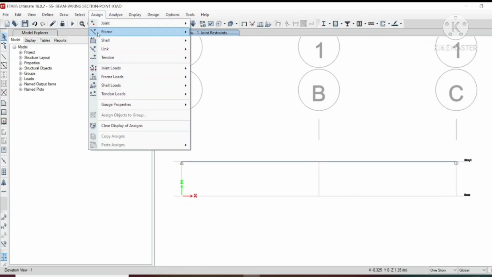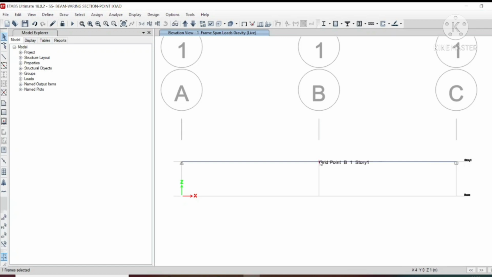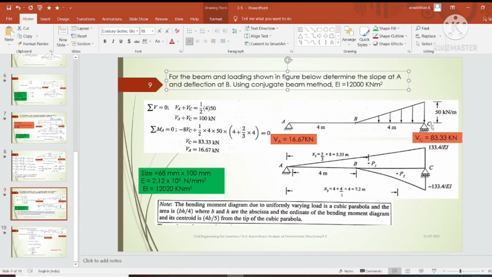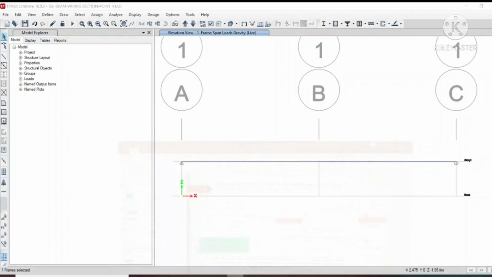Supports are assigned. Now for the first section, this is 4 meter, and up to 4 meter you have 50 kilonewton per meter of height. So for 2 meter you will be having 25 kilonewton per meter as your height.